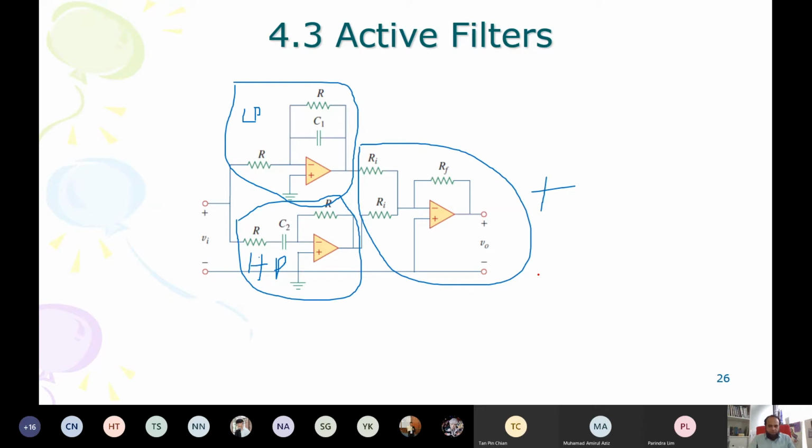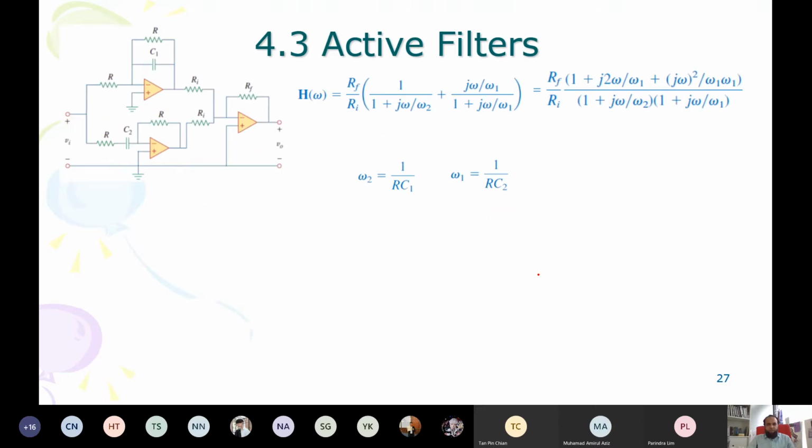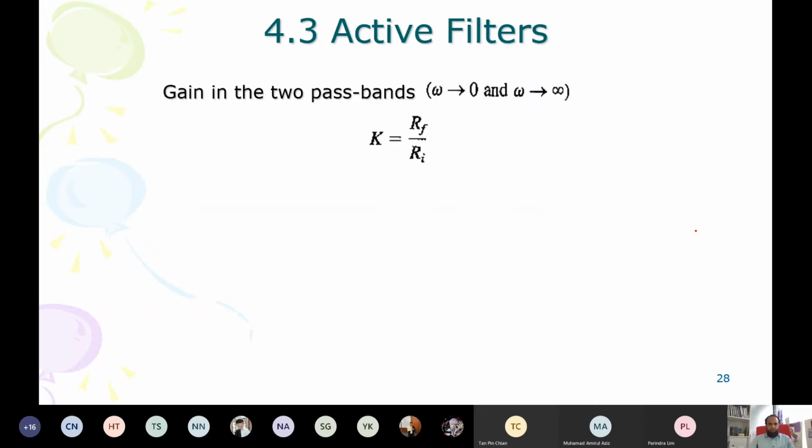This is all from your op-amp from circuit theory. Luckily, we still have the omega 2 and omega 1. Low pass one and the high pass one is still the same, and same formula as well. And the gain in the two passbands, at low frequencies and high frequencies, is Rf upon Ri.